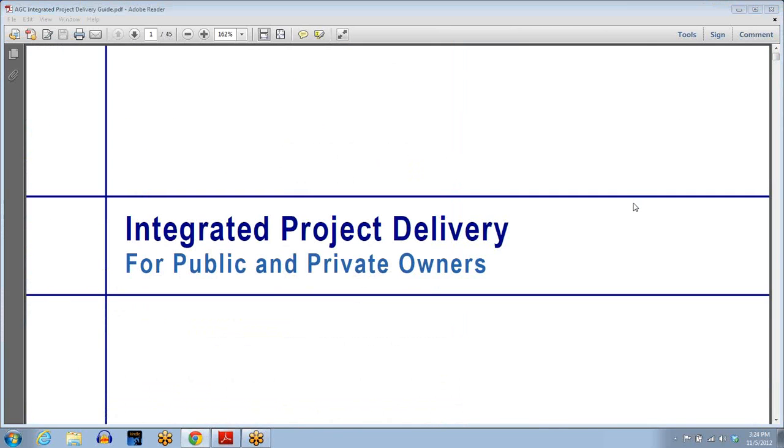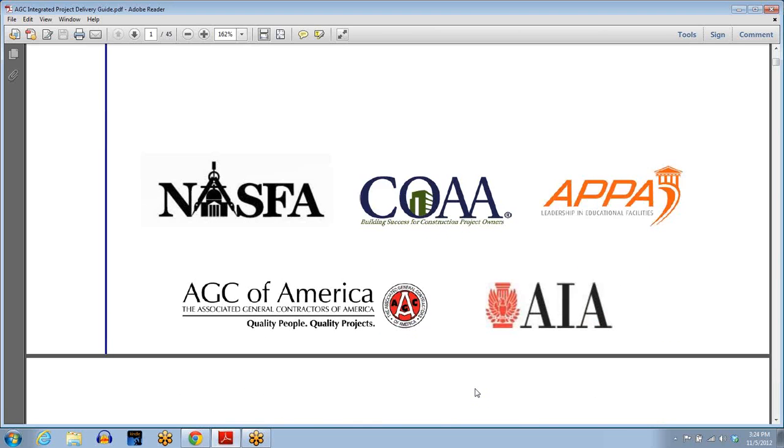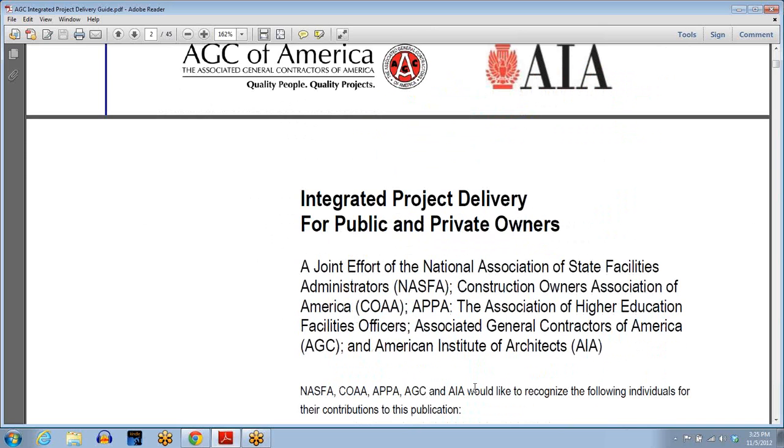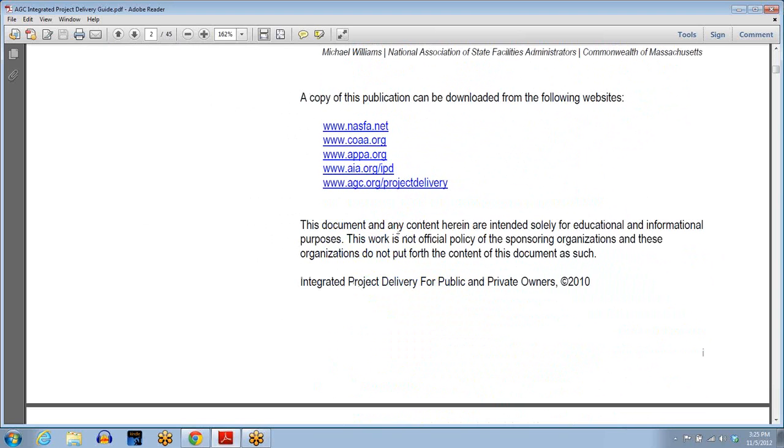The last document that I have for you is dealing with the integrated project delivery, and this one is from these 5 groups, primarily the Associated General Contractors of America and the AIA. In this 45-page document, they deal with the integrated project delivery system and how you go about putting this together.